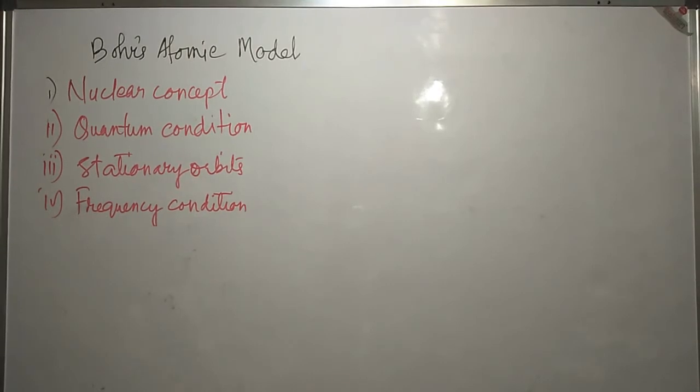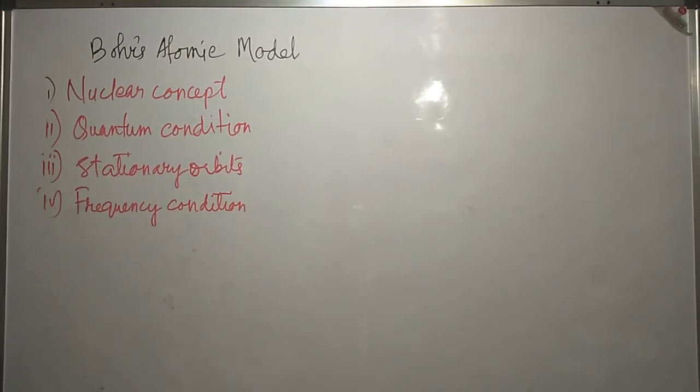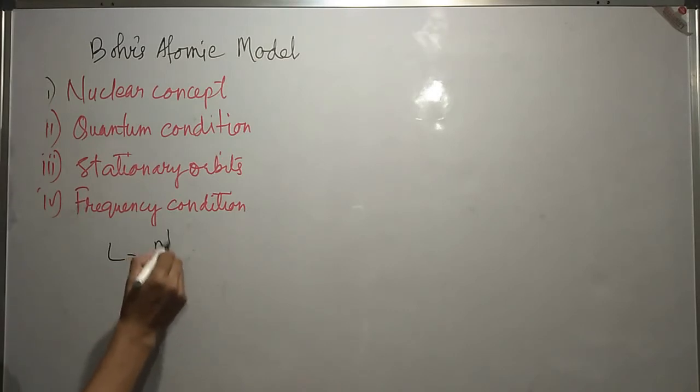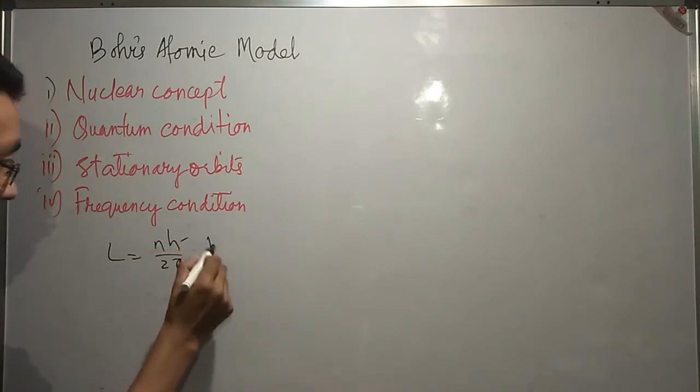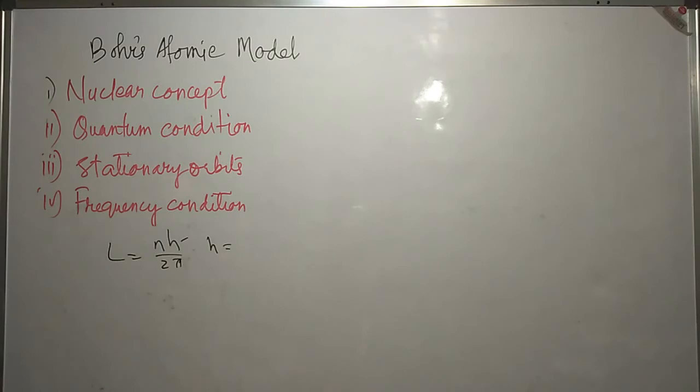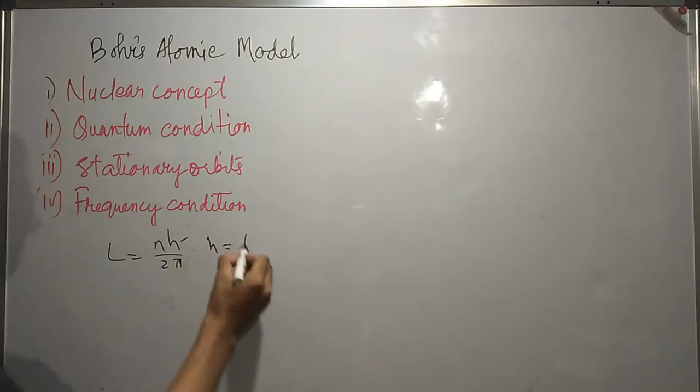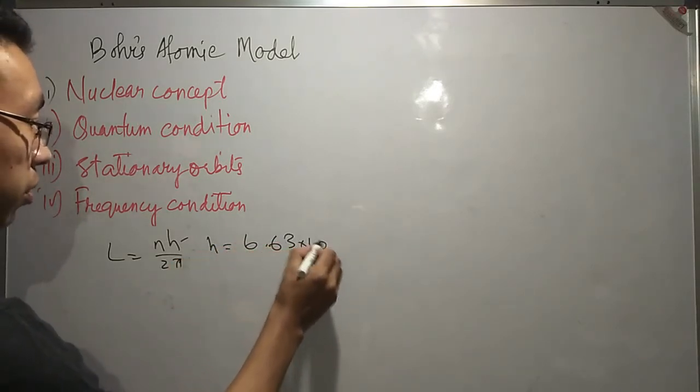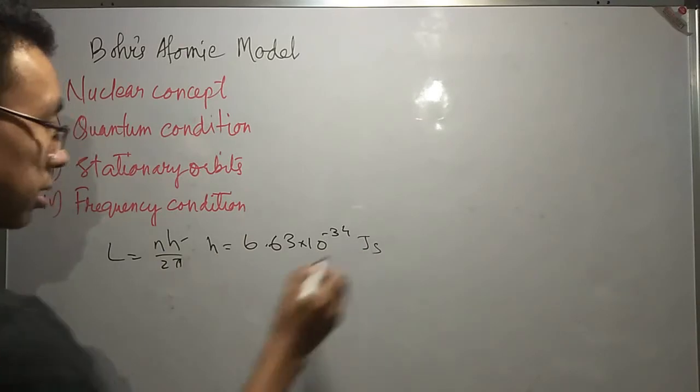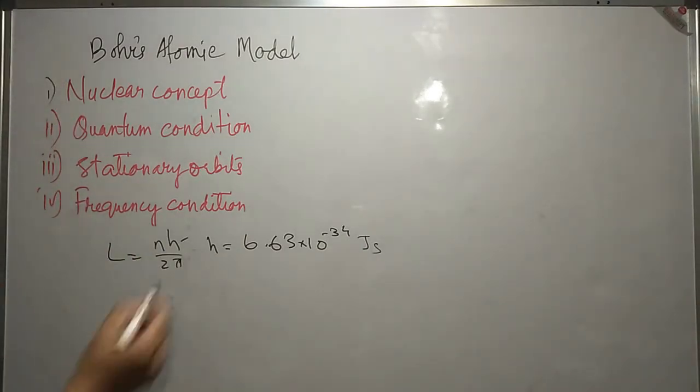It's not continuous, and therefore they are called quantized. As I have said, L equals nh by 2 pi, and this h is a constant having the value of 6.63 into 10 to the power minus 34 joule second. This is the unit of Planck's constant, you have to remember this one.